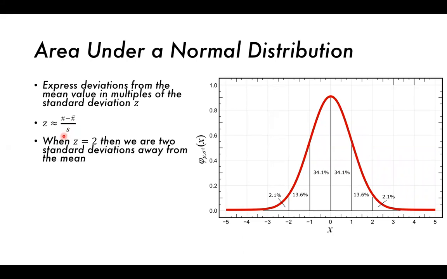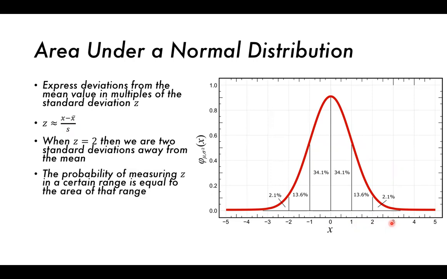Now, when Z is equal to 2, then we are 2 standard deviations away from the mean. And so that would be here. Each one of these numbers represents a multiple of the standard deviation. So this is 1 standard deviation away from the mean, and this is 2 standard deviations away from the mean, and this would be 3 standard deviations away from the mean. So the probability of measuring Z in a certain range is equal to the area of that range.